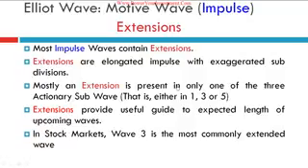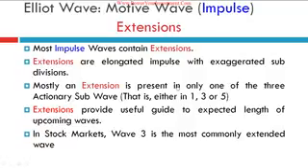Why extensions are important is because if you know which wave is the extended one, you can judge the length of the other two waves. For example, let's say wave 1 is not an extended wave, it's a normal wave, and wave 3 turns out to be an extended wave.